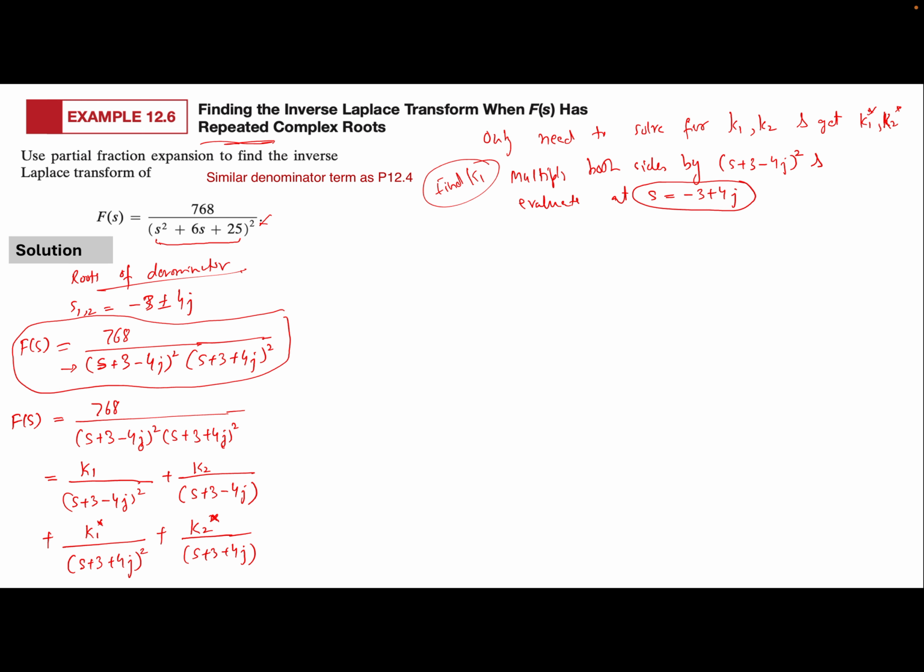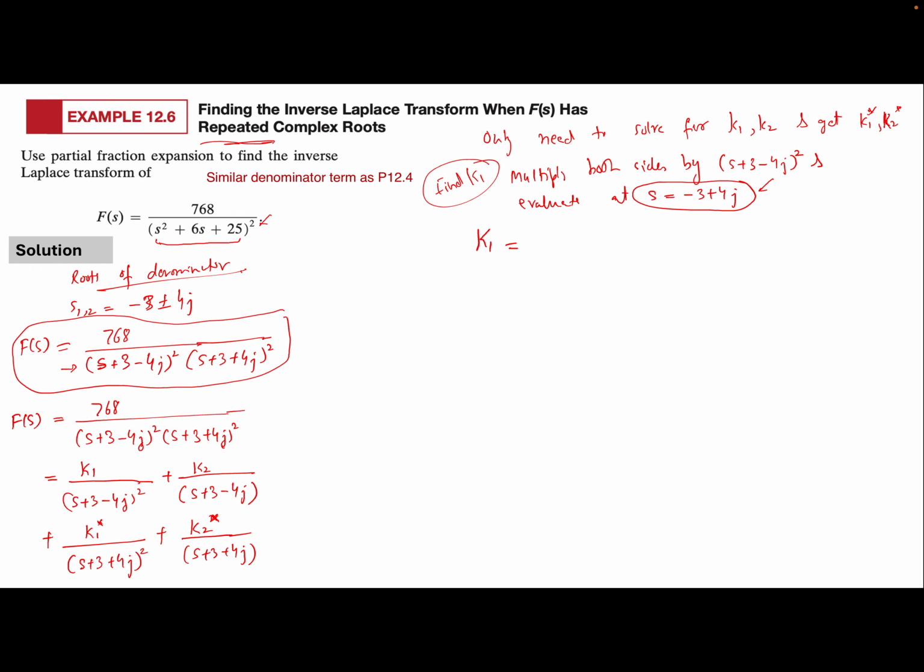If you do this, you're going to realize that K2 will become 0, K1 prime and K2 prime, everything will become 0, and you're only left on the right-hand side with K1.